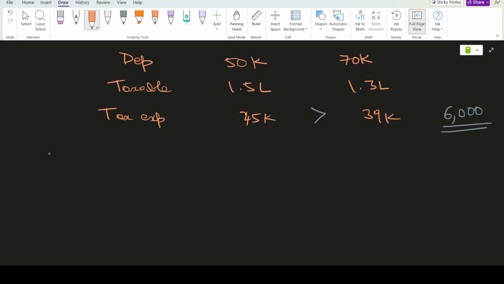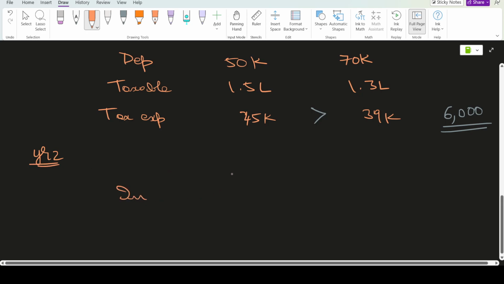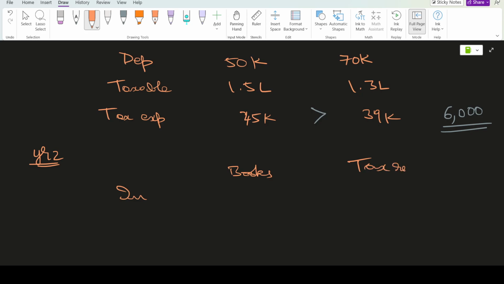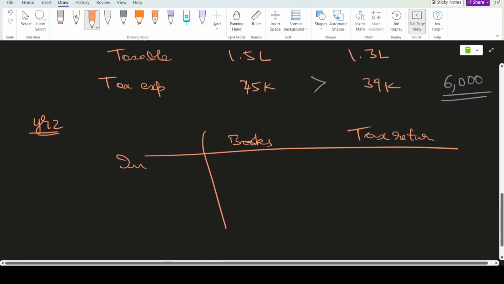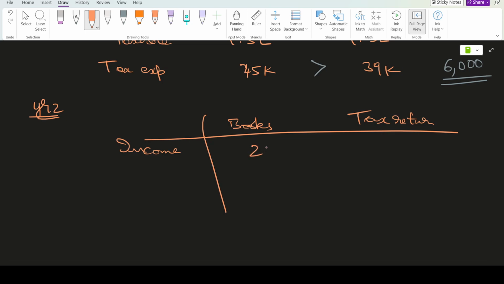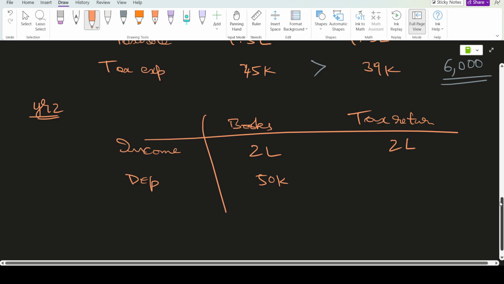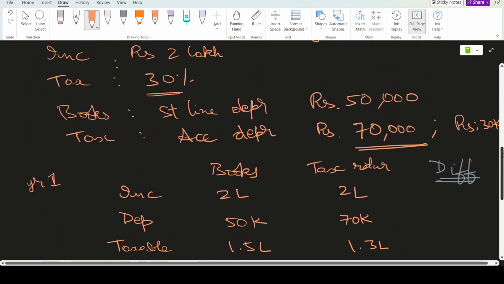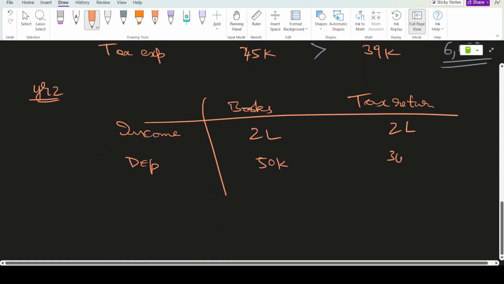So in year two, let me draw this column: books, tax return. Income is 2 lakhs, taxable income is 2 lakhs. Now the depreciation is 50K for books, but for tax purposes, since we had 70,000 in the first year, the accelerated depreciation for the second year has to be 30,000.